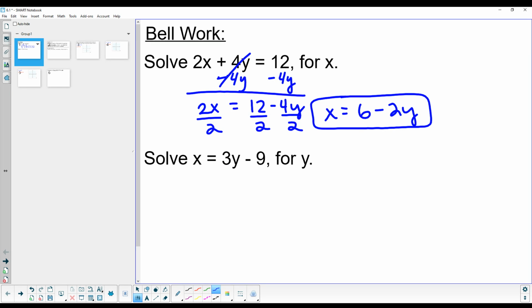Okay, second one, you had to solve this one for y. Does anybody want to give this one a go? Yeah, you're the only one raising your hand. So yes, go ahead. So you have to first isolate the variable again.